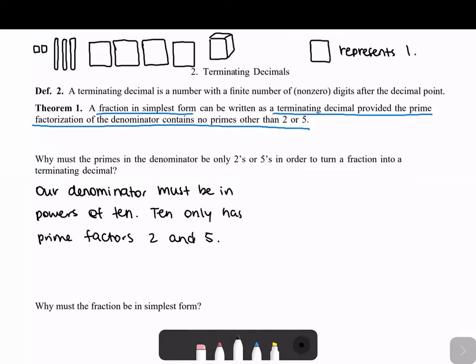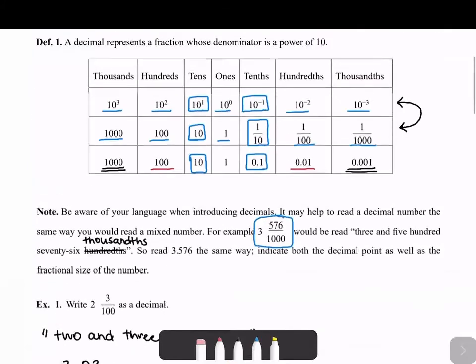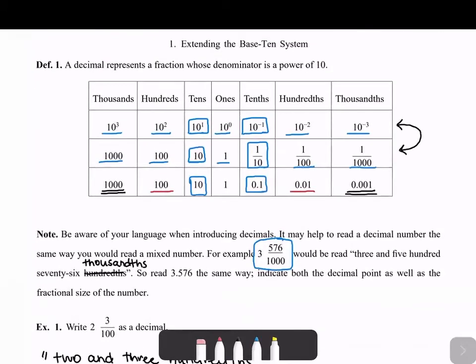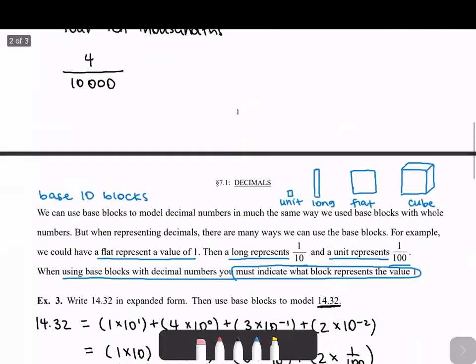So for example, say we're given the fraction 4/25. In order to write this as a decimal easily, we want our denominator to be a power of 10, because whenever we looked at this table, all of our denominators are powers of 10: 1/10, 100th, 1000th, and so on.